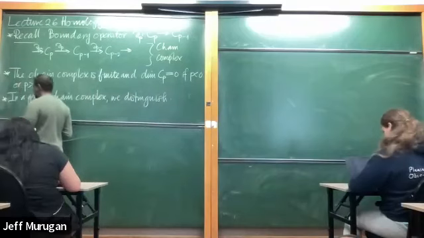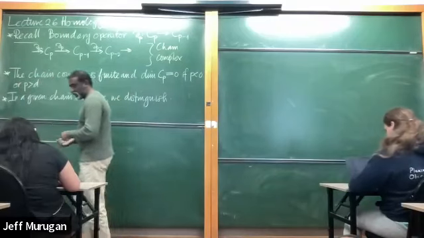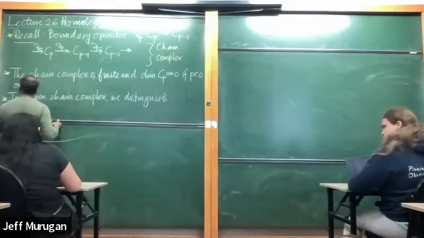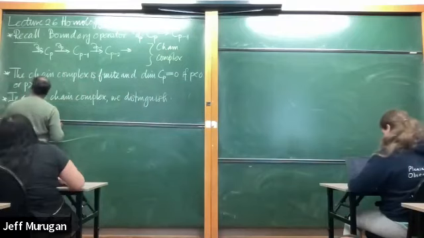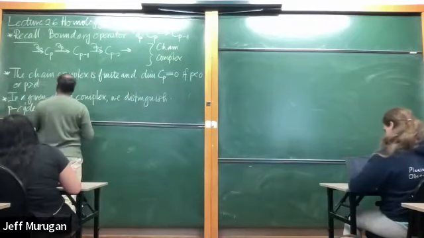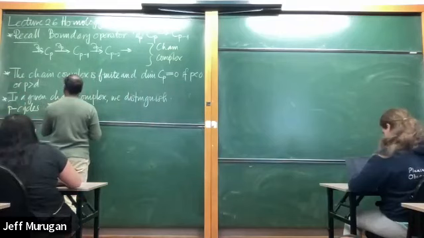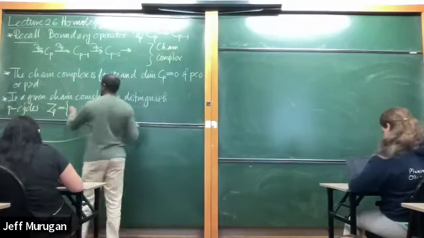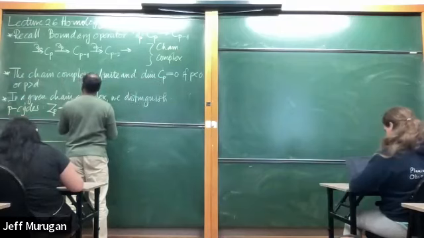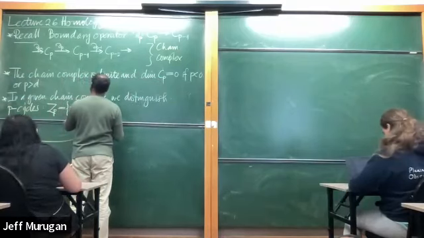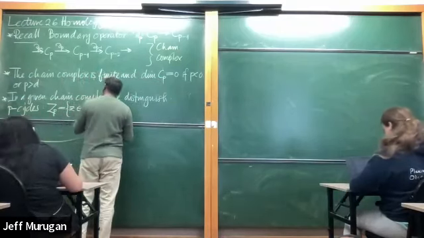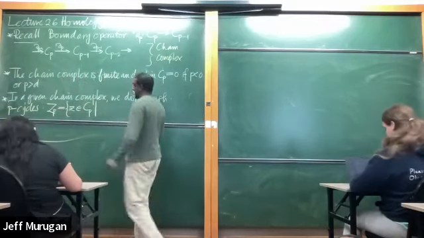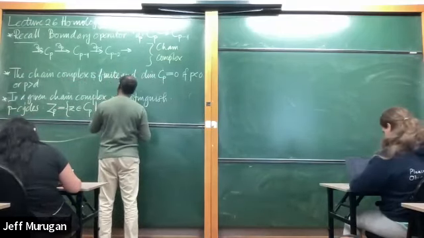One is the space of p-cycles. The space of p-cycles, Z_p, is the set of all p-chains z such that d_p z vanishes.